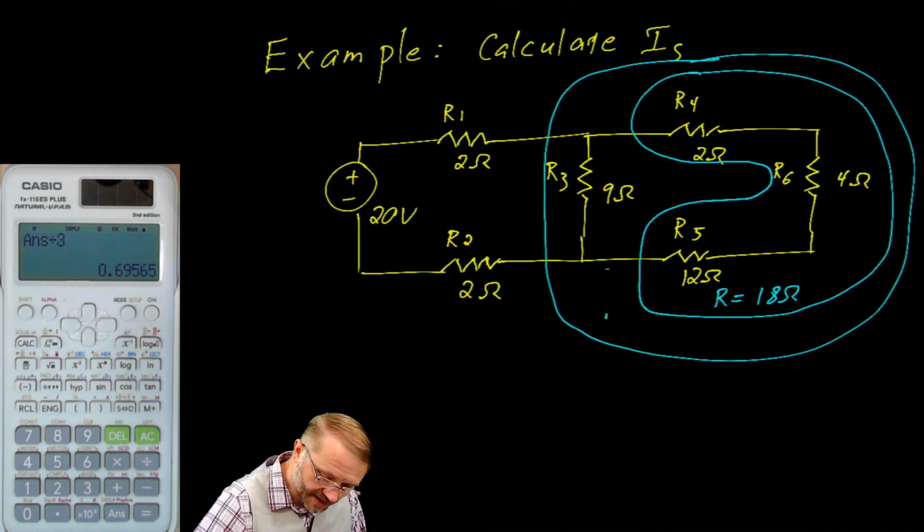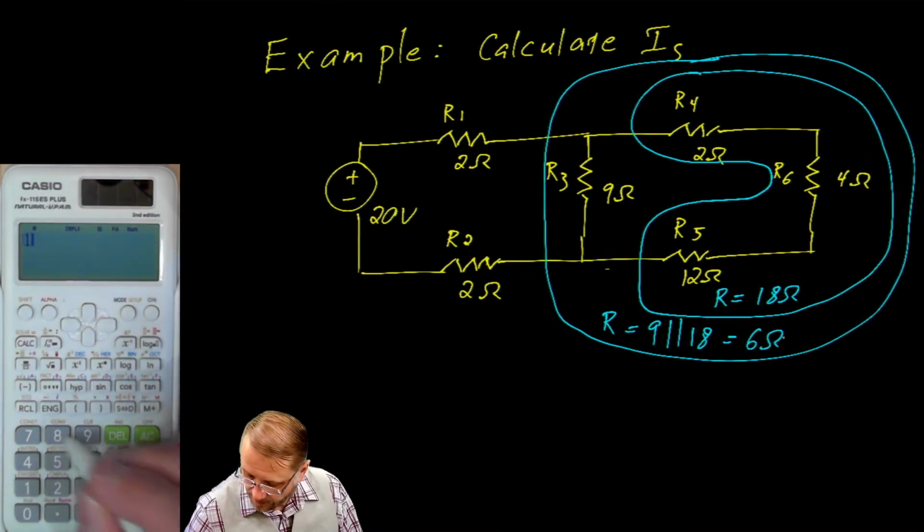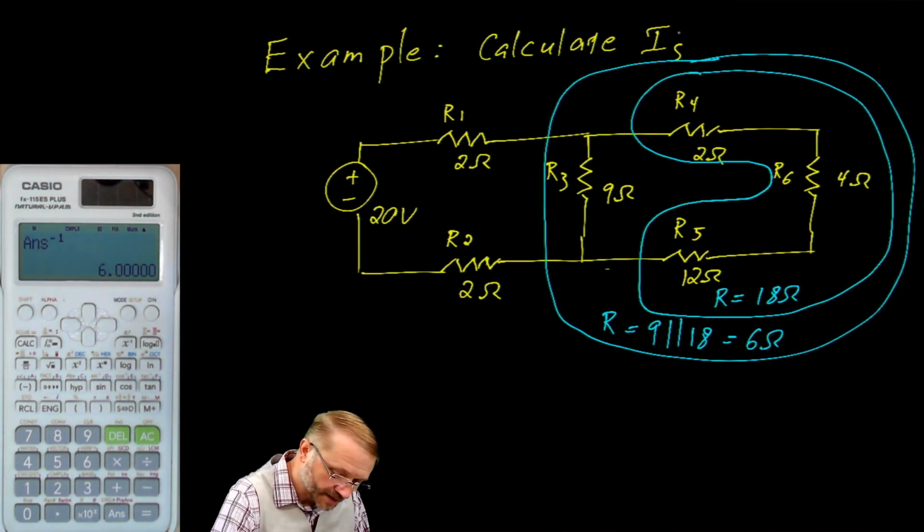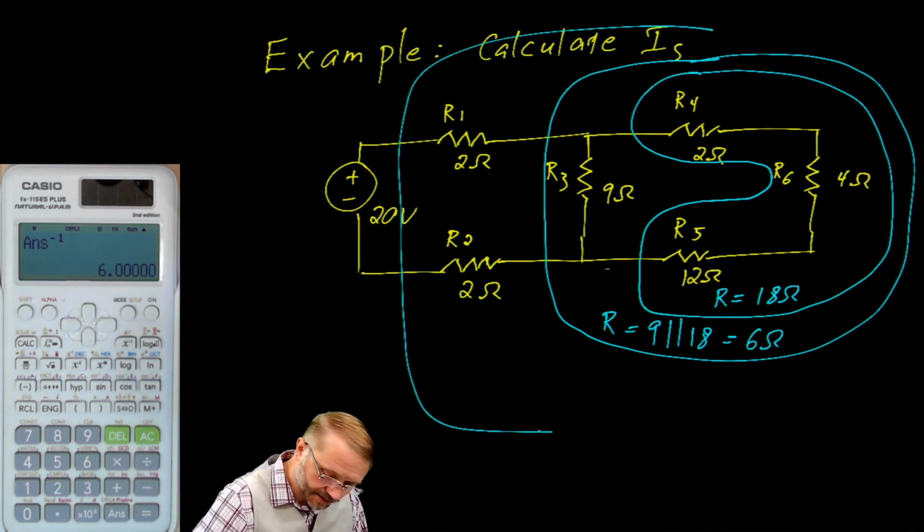So we would call this R as 9 in parallel with 18, which gives us, what, 6 ohms? Let's try that. So there's your 6 ohms. And now 6 ohms is in series with R1 and R2. So we could draw yet another circle around this.